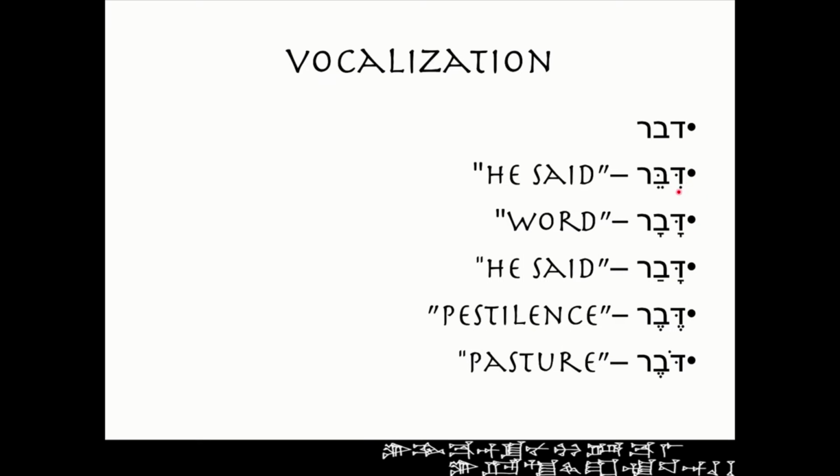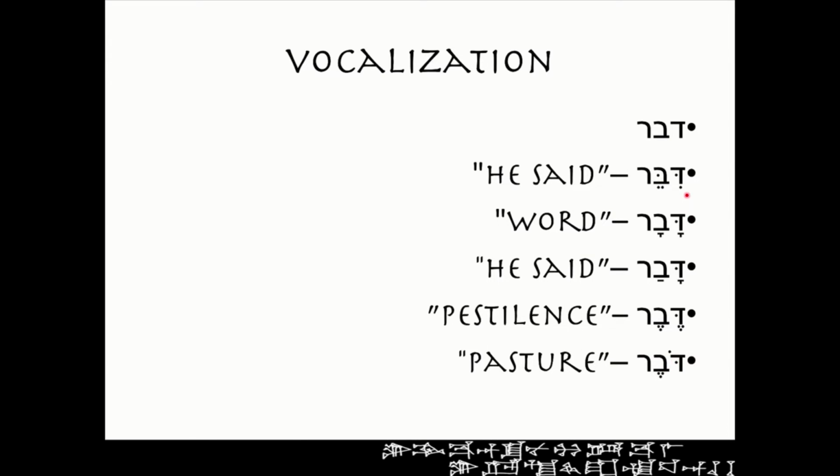Depending on the vowels that you add, you can change the meaning of the word in its entirety. So for example, diber is he said. Davar is a word, the noun. Dibber is he said, a different verbal form, a different binyan. Dever is pestilence, the noun for pestilence, and then dover is the word for pasture.